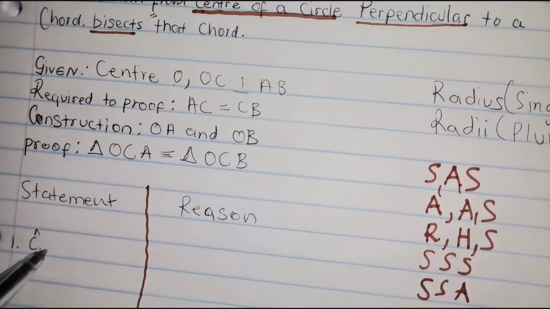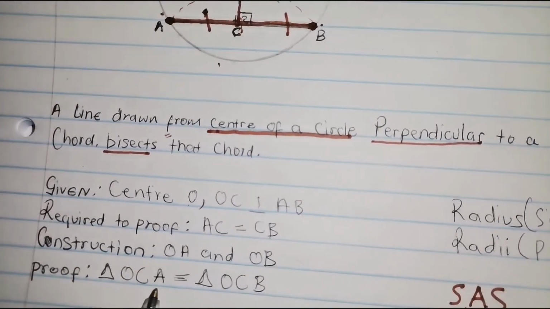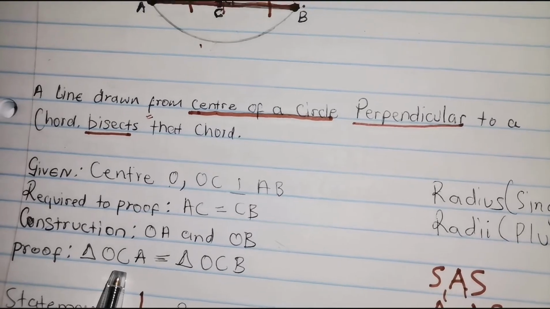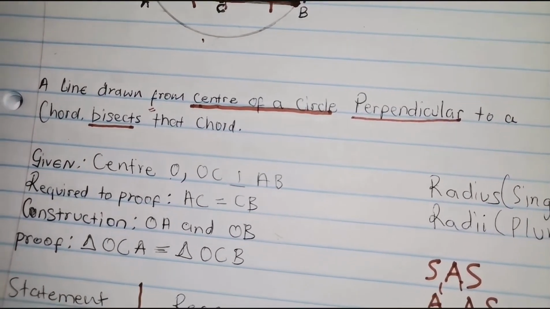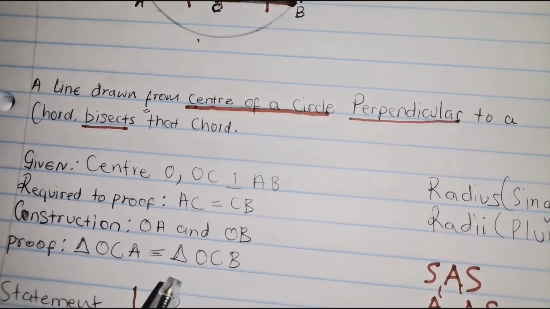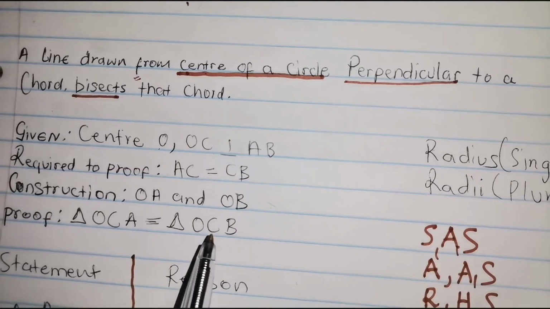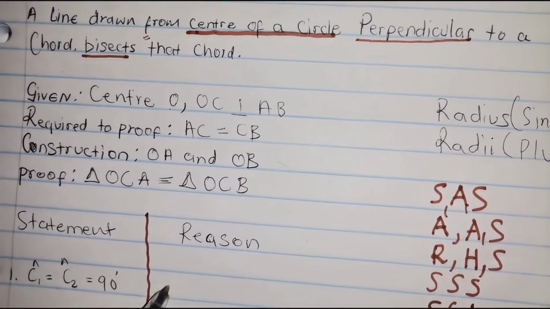Remember, we check from these two triangles. Angle C1 of OCA is equal to angle C2 of OCB, each equal to 90 degrees. Why? Given.